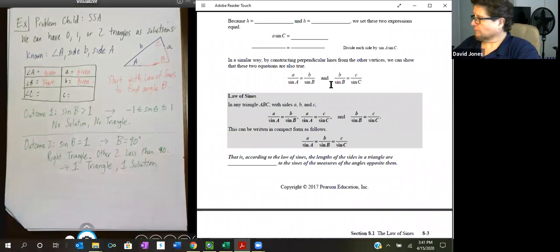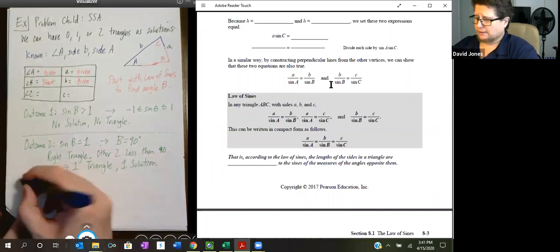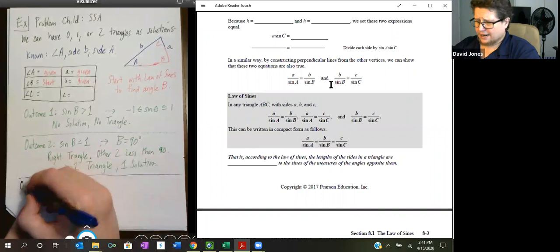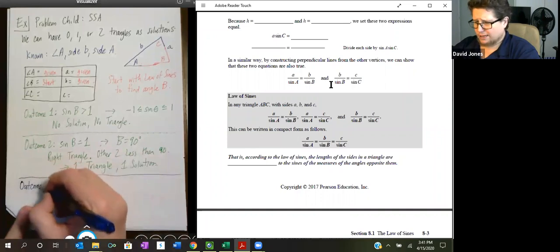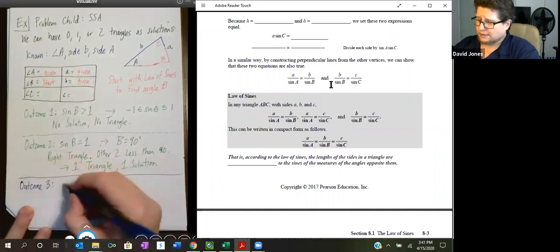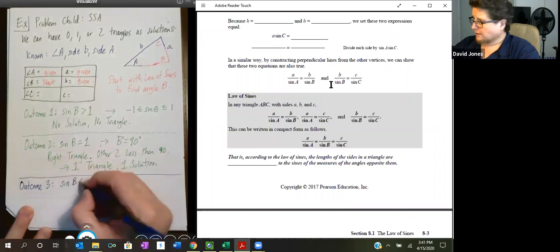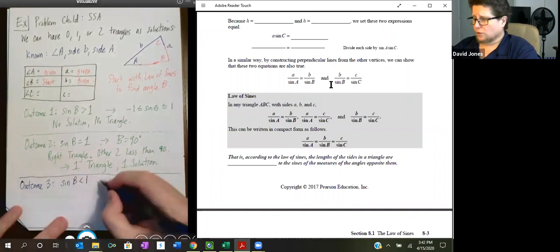Finally, outcome 3. We did sine of B is greater than 1, sine of B equals 1, and now sine of B is less than 1. This leads to one or two triangles.